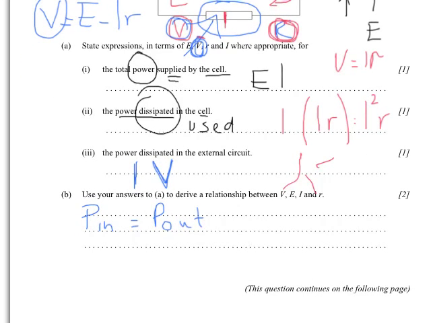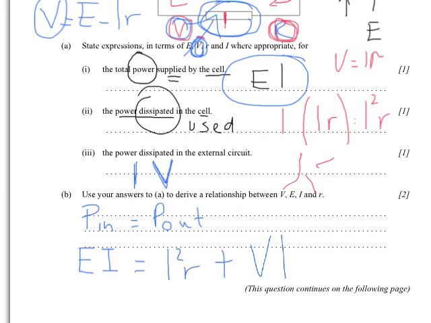So the power in would be the EMF times the current, which we get from this answer, equals the power across the internal resistor, I squared R, plus the power that's dissipated in the final resistor here, which would be V times I. Now if we simplify that, as you can see, you've got current in each term.